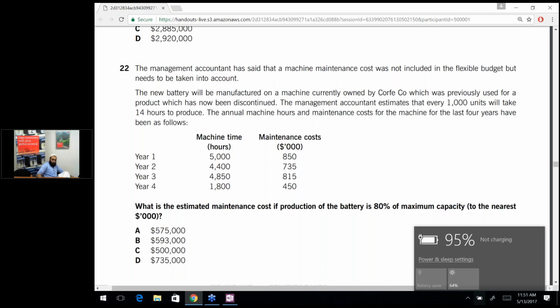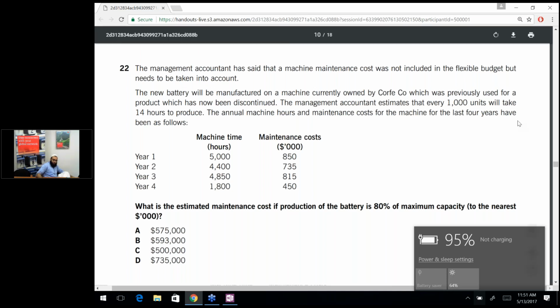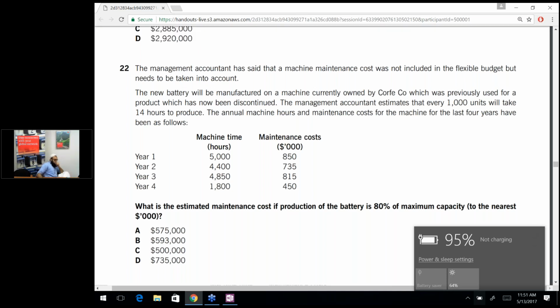So what I need to do? The annual machine hours and maintenance cost of machine in the last 4 years have been as follows. Now, quickly check whether this is variable or semi-variable. Apply the same tactic that I told you. And what was that? 850 divided by 5,000.